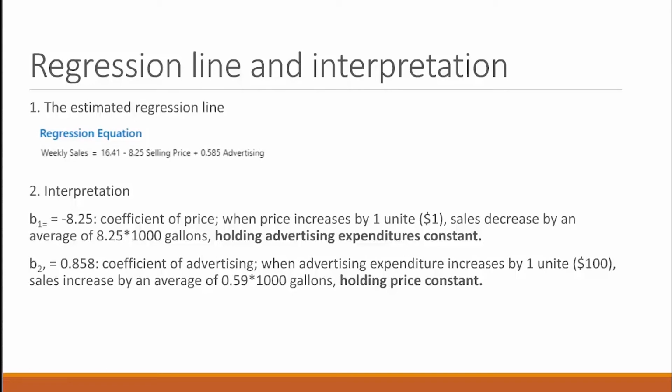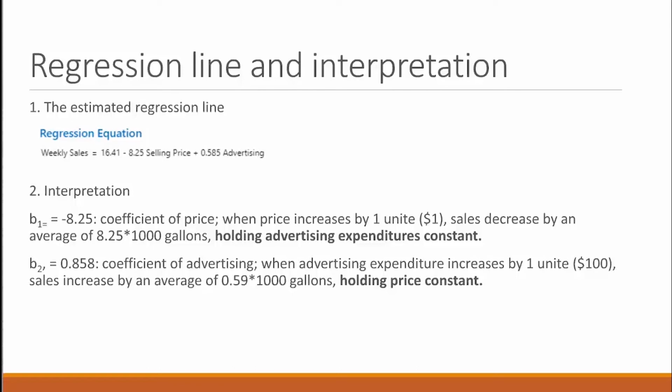So the way we interpret this number is we say when price increases by 1 unit, which is $1 in our data, the sales will decrease by an average of 8.25 times 1,000 gallons. And by the way, our data is measured in thousands of gallons. Now, the big condition is that we want to hold advertising expenditure constant. So that's how we interpret the coefficient.